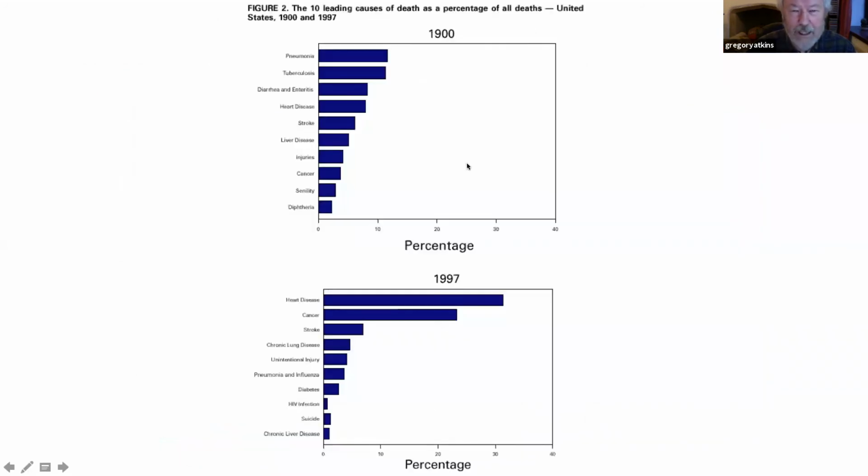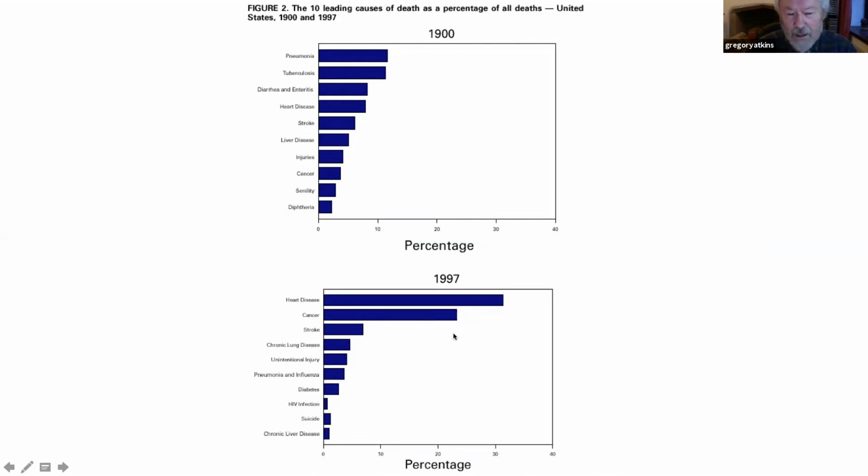the introduction of vaccines also made a big difference. And here you can see what people used to die from, and the top 3 causes of death in 1900 were all infectious diseases. If you go to 1997, all the infectious diseases have disappeared apart from pneumonia and flu, which is way down the list, and HIV.